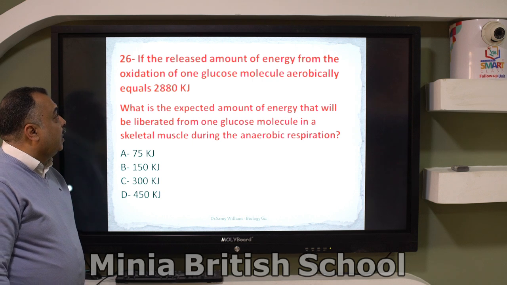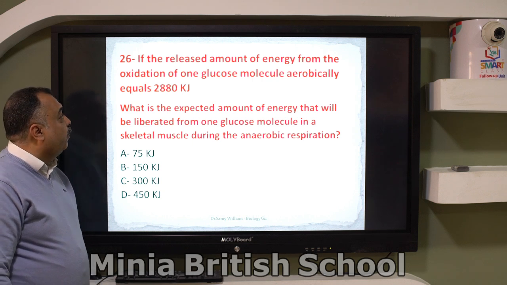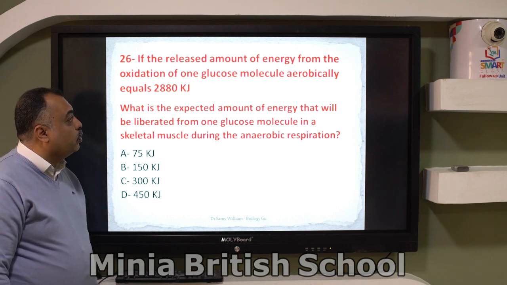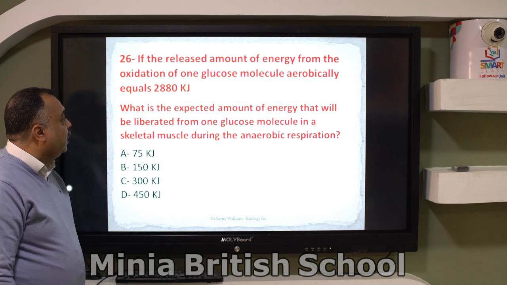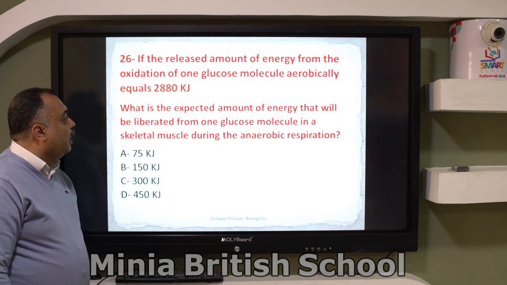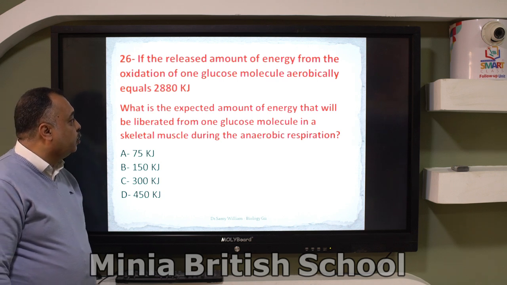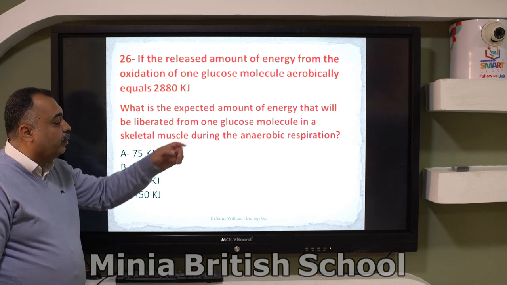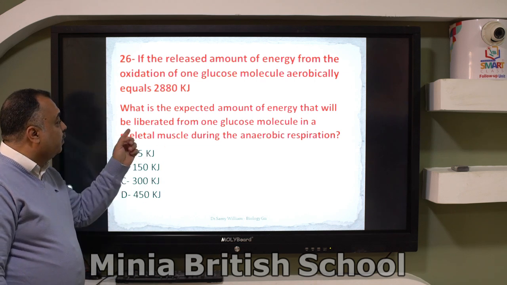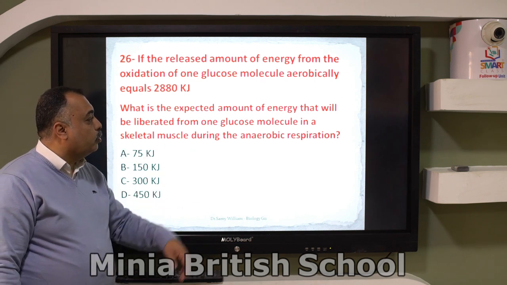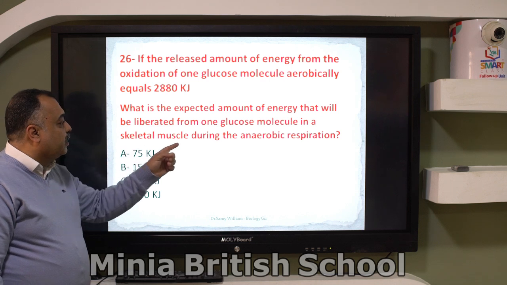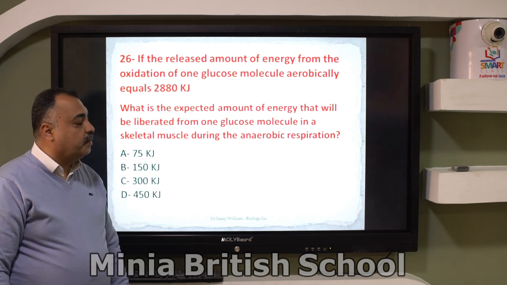Next. If the released amount of energy from the oxidation of one glucose molecule aerobically equals 2880 kilojoule, what is the expected amount of energy that will be liberated from one glucose molecule in a skeletal muscle during the anaerobic respiration?